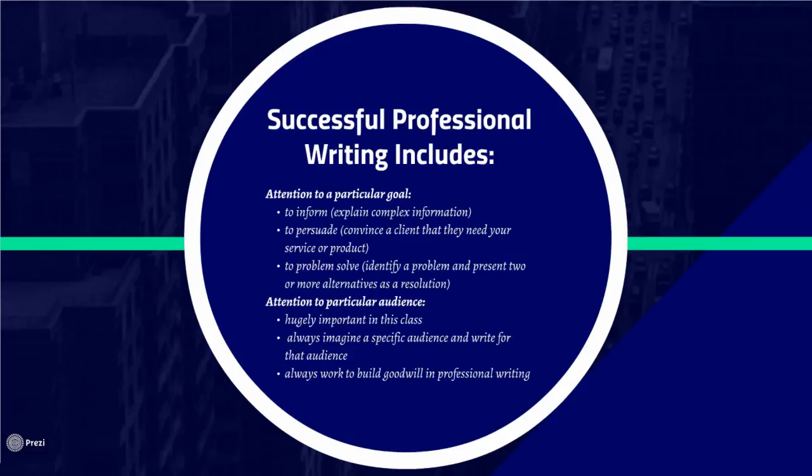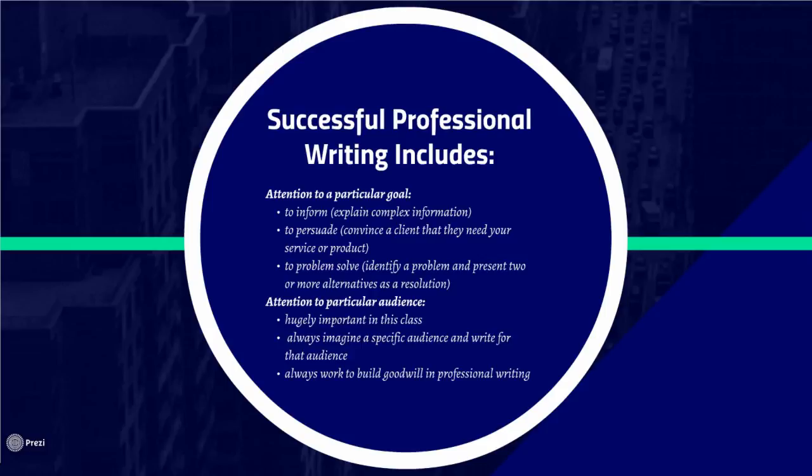You're working to either inform your audience of something, so explain a complex piece of information. Again, we don't want to use big fancy words here. We want to use layman's terms and make sure our message is clear. But we want to make sure we've got clear information if we're writing an informative memo or an informative business report. Another goal might be to persuade.